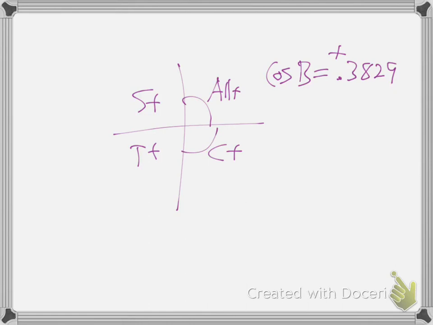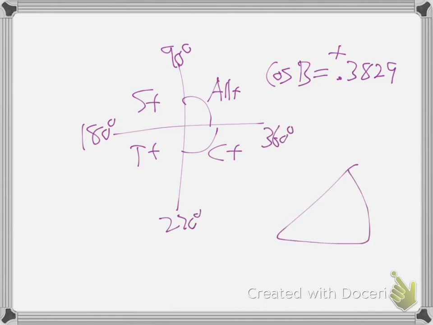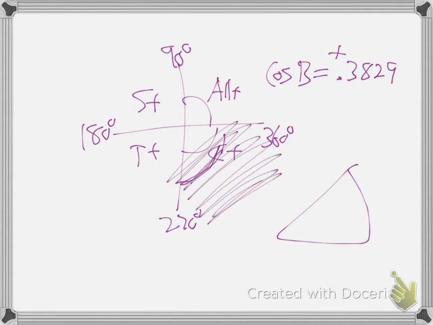What kind of angles are in the fourth? This is 90, 180, 270 to 360. Could you have an angle in a triangle that's between 270 and 360? There's only 180 total in a triangle. How could one of the angles be more than 270? Never going to happen. So you never need to worry about the other option for law of cosines because it's fourth quadrant. Never going to happen.